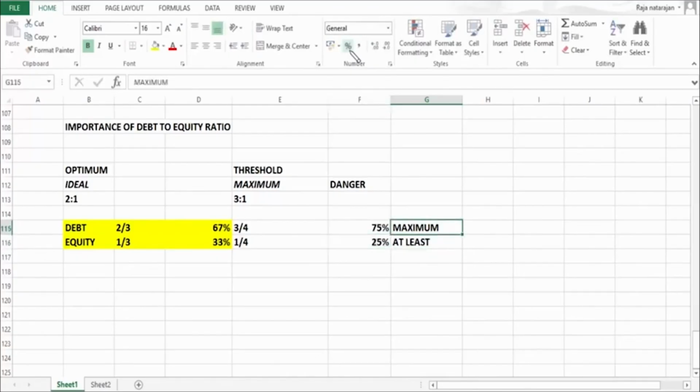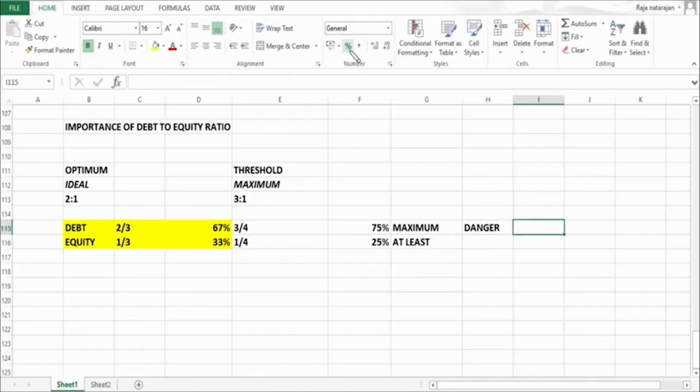If a company is going to cross debt level beyond 75%, then that is considered as danger. That's why the ratio greater than 3:1 is considered as dangerous scenario. Why is it considered as danger? Because at this level, this company has got a lot of debt, that is 75% is debt.